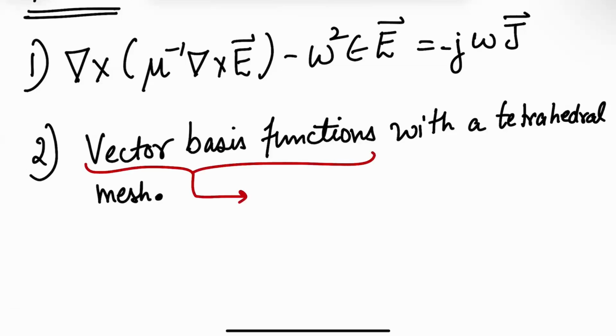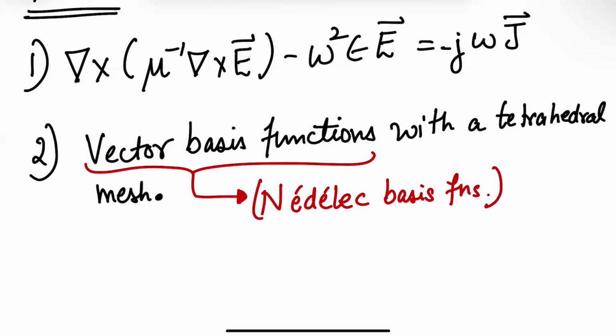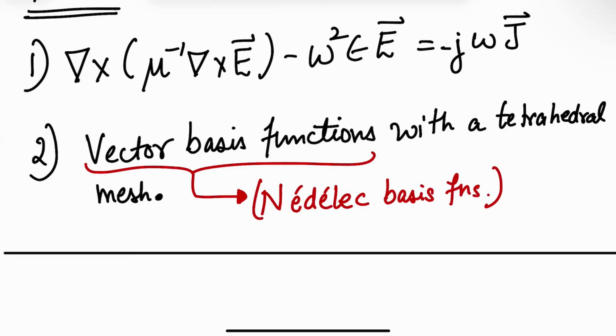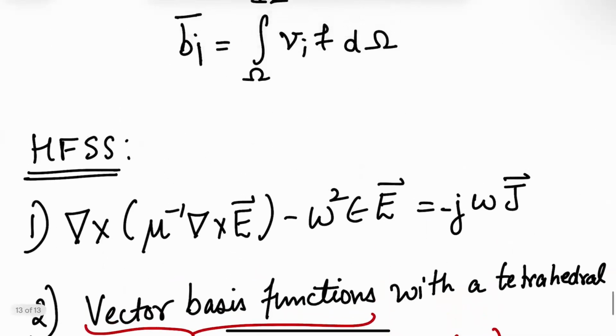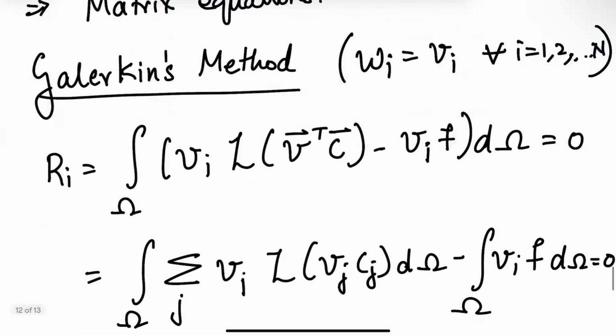Similar to the method of moments, where we needed vector basis functions in 3D, the RWG basis functions, which we didn't talk about in detail, here the basis functions are called Nedelec basis functions. Again, we're going to stop here and not go into these details, but I wanted to give you an idea of what is going on inside HFSS. So it's not a complete black box.